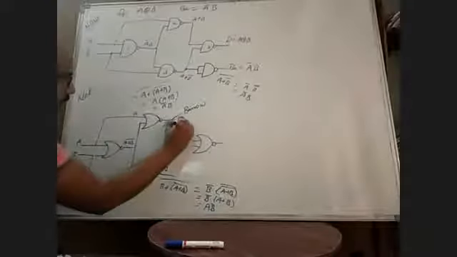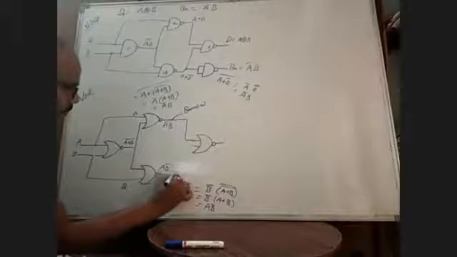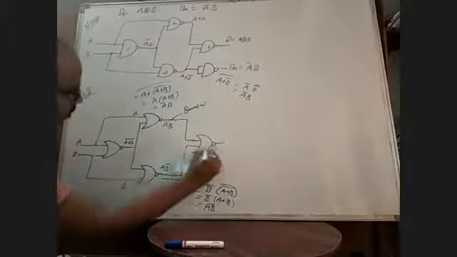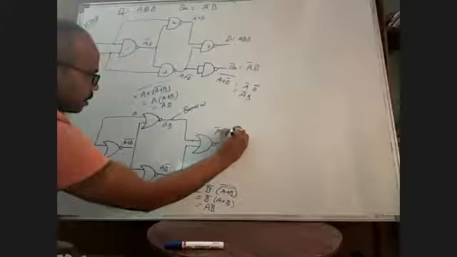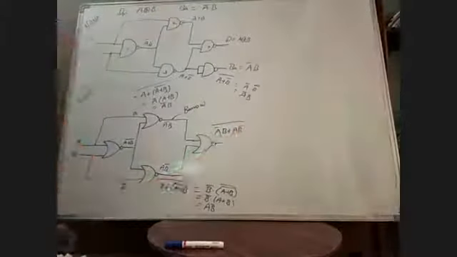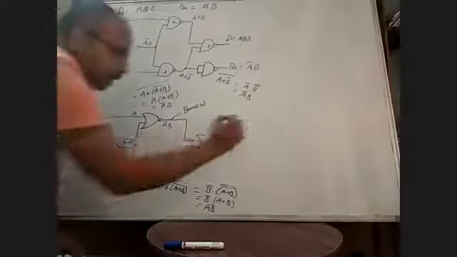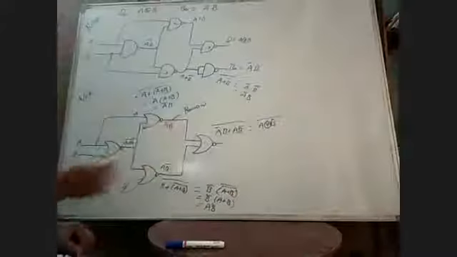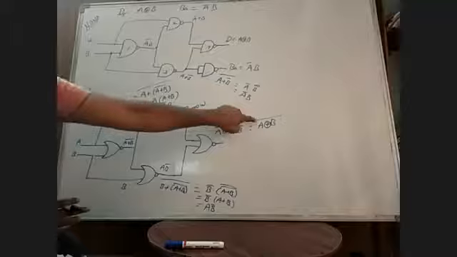Now I am connecting this output to here. What is this statement? At this gate, the expression will be equals to A bar B plus A B bar whole bar. You know what is this, nana? This is A bar B plus A B bar. We can write this as A exclusive or B complement. I need to generate only A exclusive or B, so the complement must cancel here.